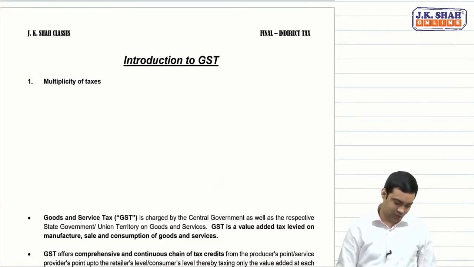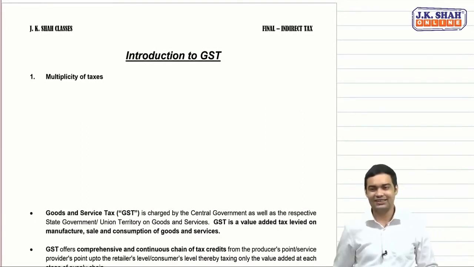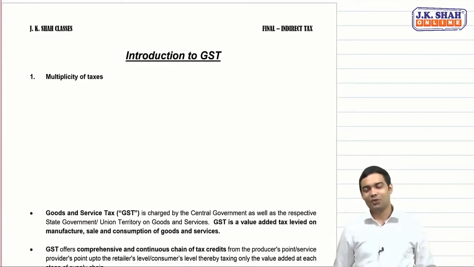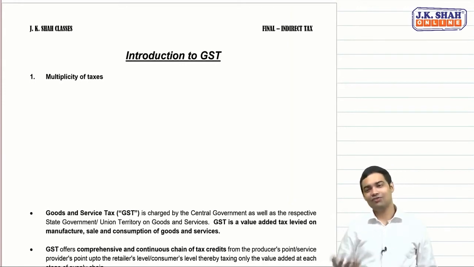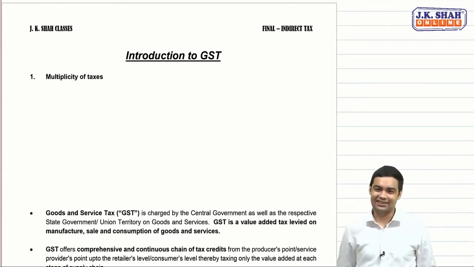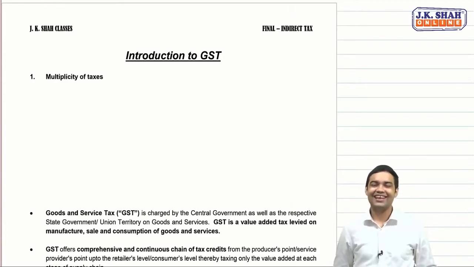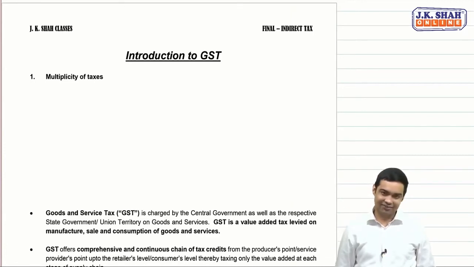And the first point in that says multiplicity of taxes, and you can see some space there. Now, all these space will be used by us writing certain information, and we are going to complete the book. Along with completion of the book, we will also target to complete our GST so that GST enters in our brains.